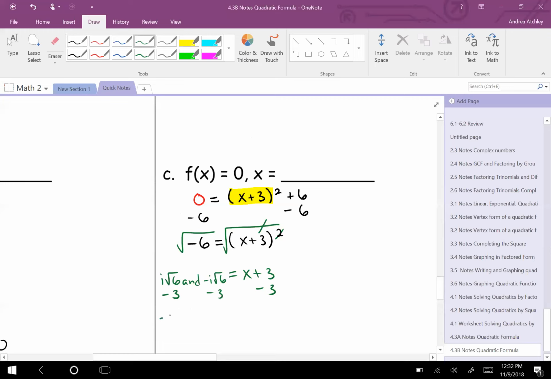This becomes negative 3 plus i square root 6 and negative 3 minus i square root 6. And that's what x equals.